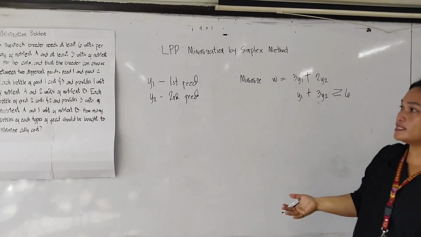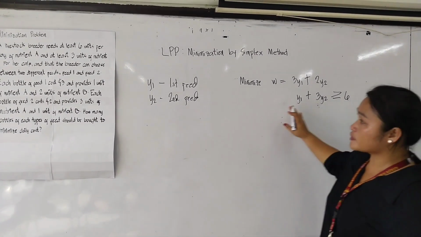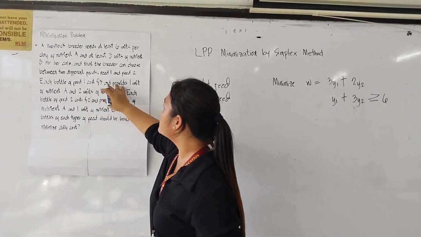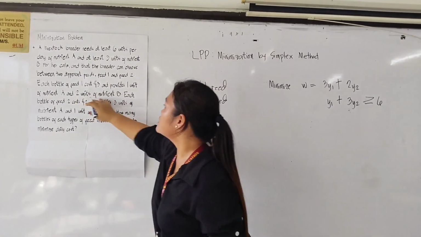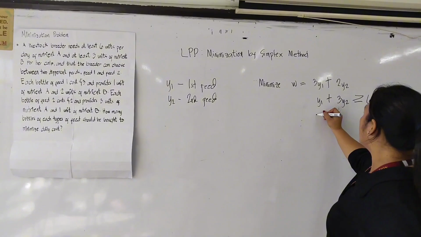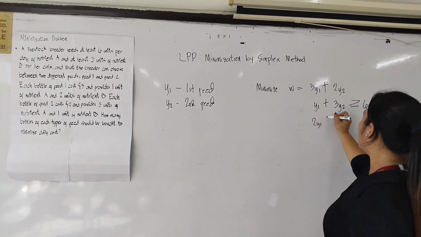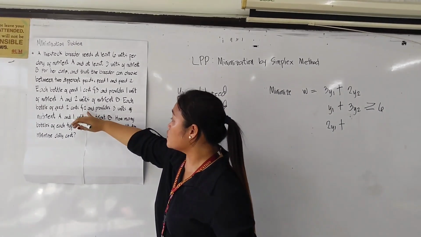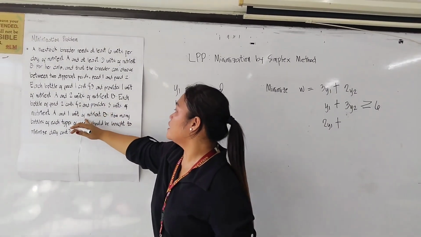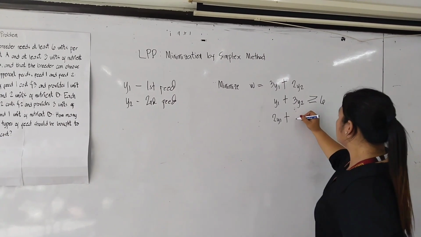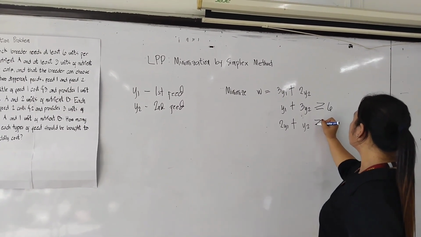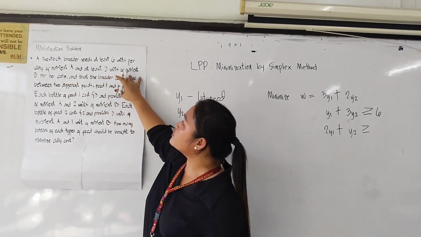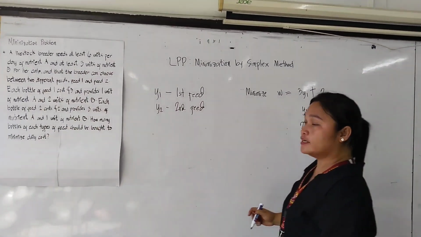Next, we need to find the second constraint. If the $3 feed provides 2 units of nutrient B, we have 2y1 plus the $2 feed provides 1 unit of nutrient B, so y2 is greater than or equal to 3, since we need 3 units of nutrient B for her calf.